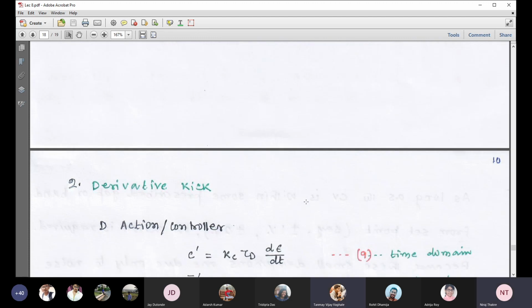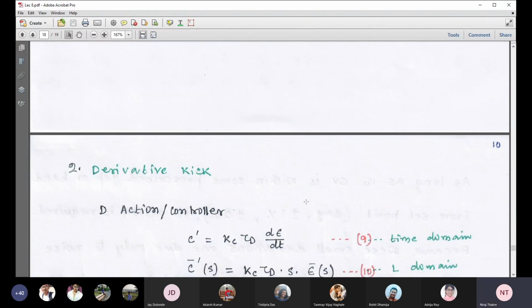So let us discuss this mathematically for the derivative action. We are considering only the derivative part, not the proportional or integral action. Equation 9 represents the derivative controller. Let us take the Laplace transform.